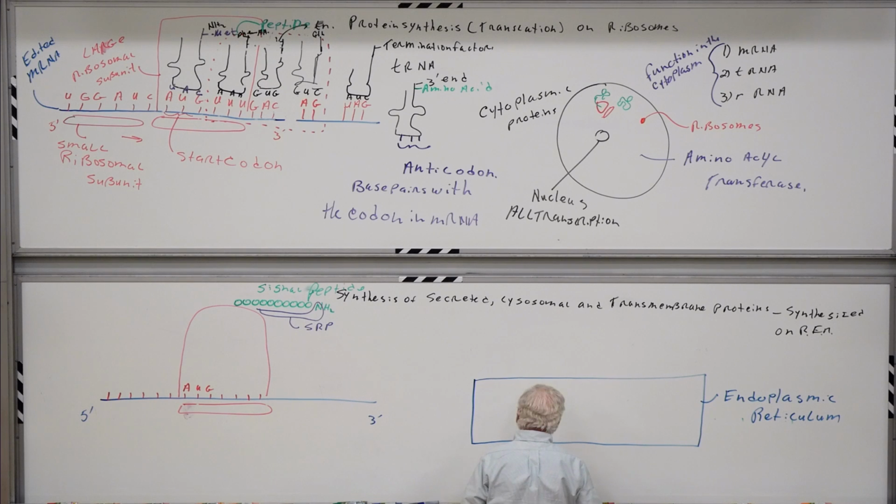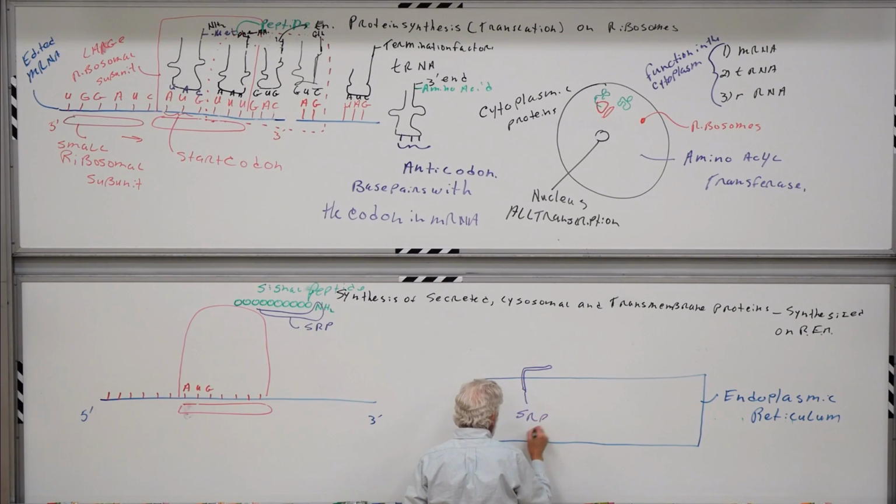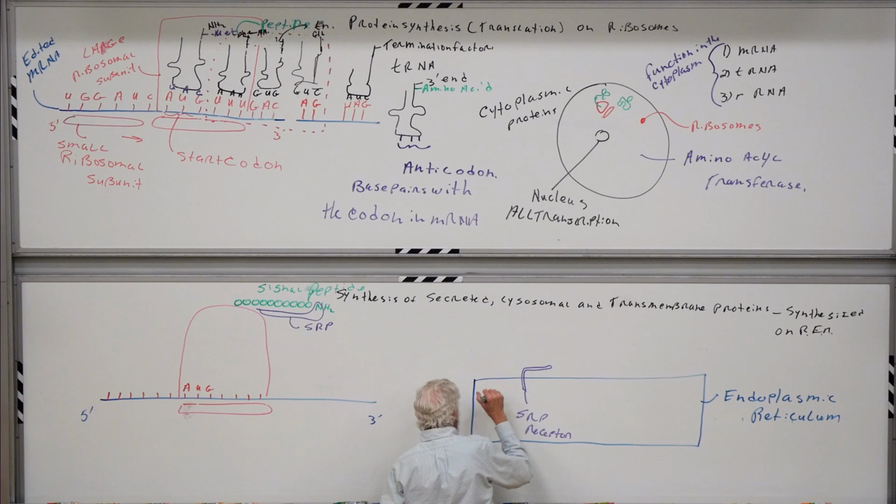So on the endoplasmic reticulum, there will be this sort of structure which is an SRP receptor. It appears too that there will be a receptor here for the ribosome.